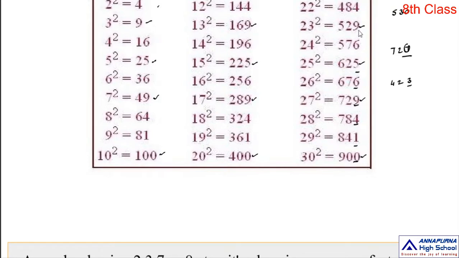This 530 lies between 529 and 576. 529 is the square of 23, and the next natural number is 24, whose square is 576. In between these two, we don't have any perfect square number. But this 530 lies between these two values. So this 530 is not a perfect square number.